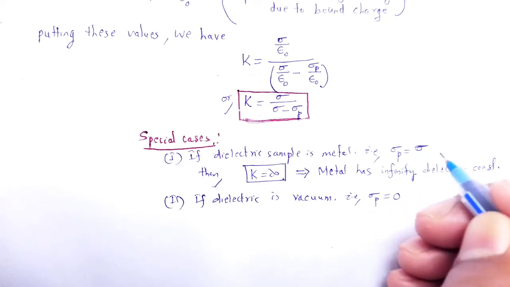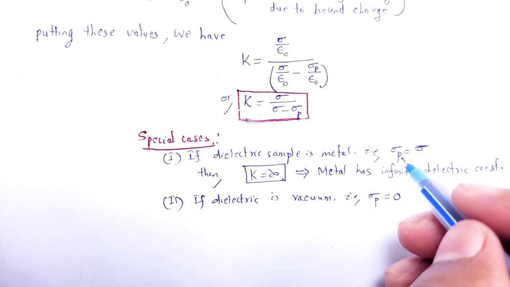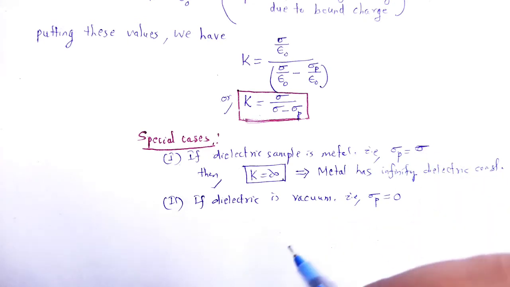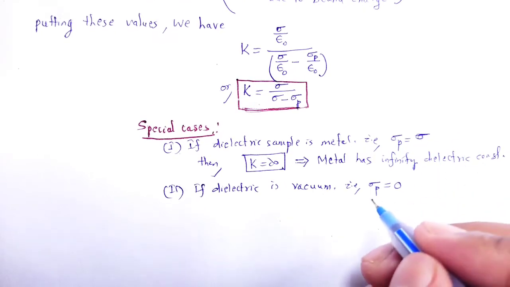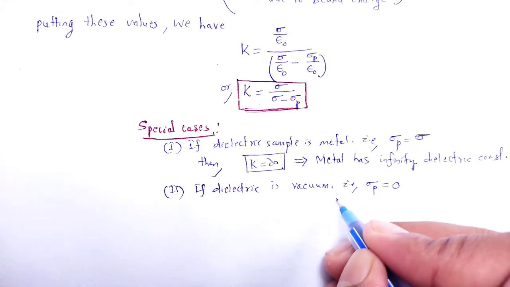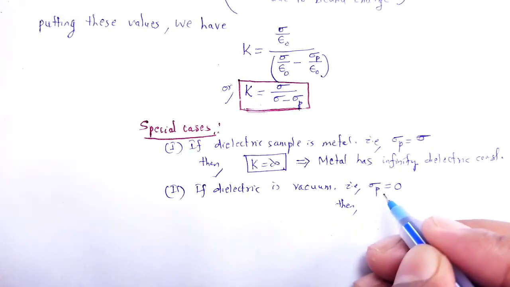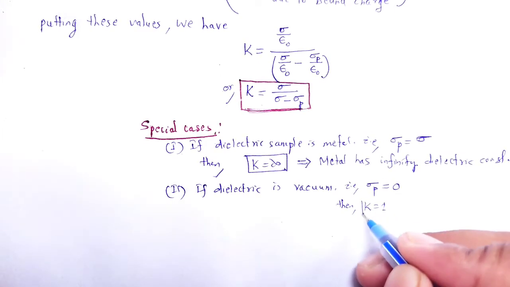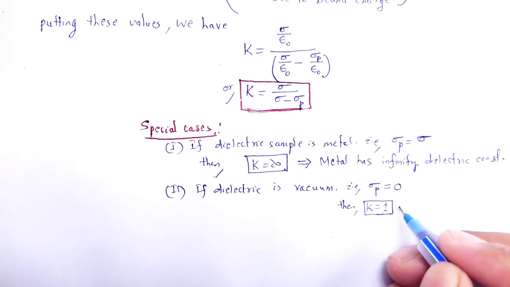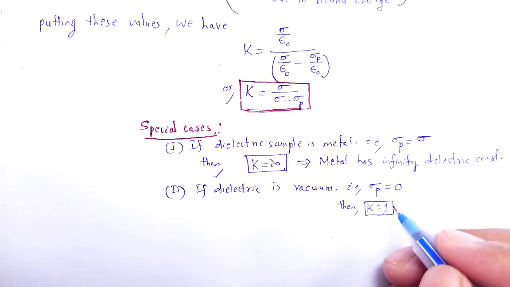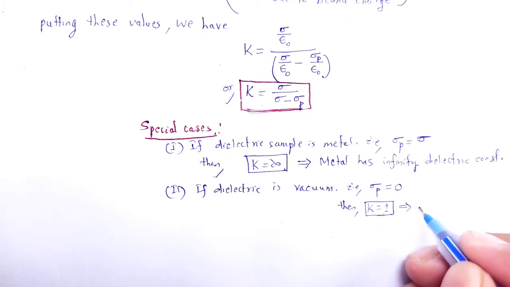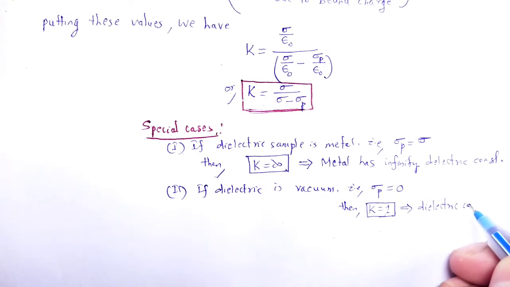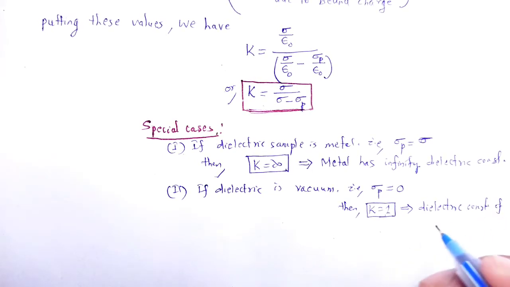Here sigma P is equal to 0, so K is equal to 1. It indicates the dielectric constant of vacuum is equal to 1.